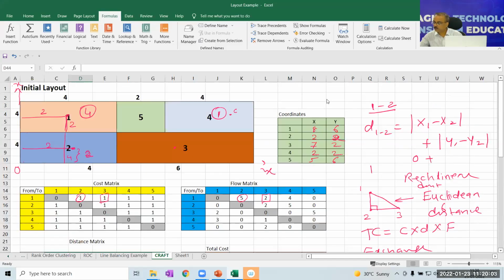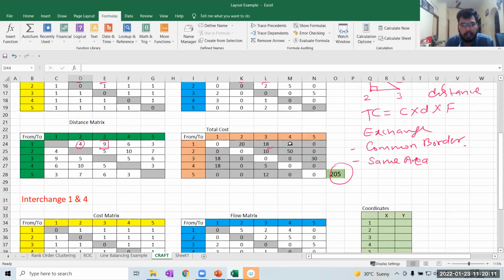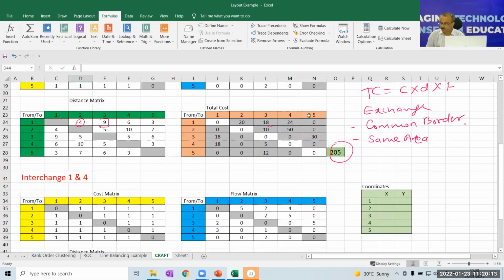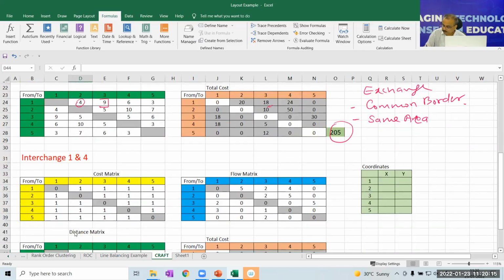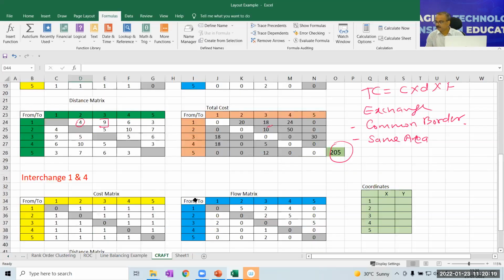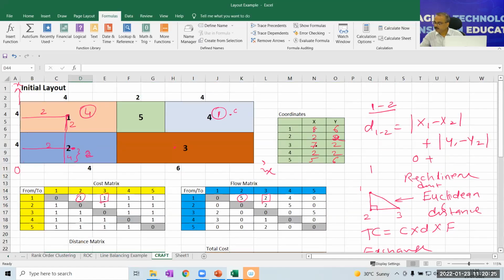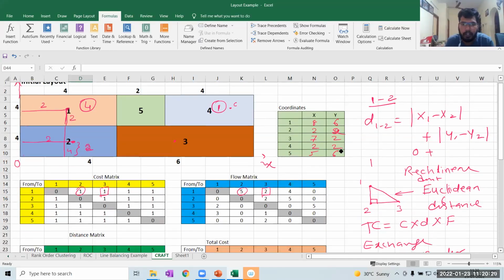So 8 minus 2 will be 6, plus 6 minus 2 will be 4, so the distance will be 10. Similarly, between 1 and 3, it will be 8 minus 7, that is 1, and 6 minus 2, that will be 4. So it will be 5.